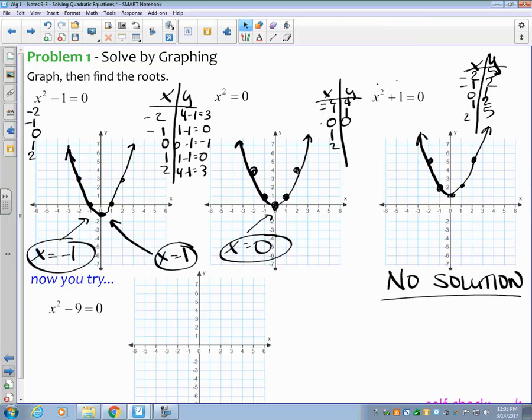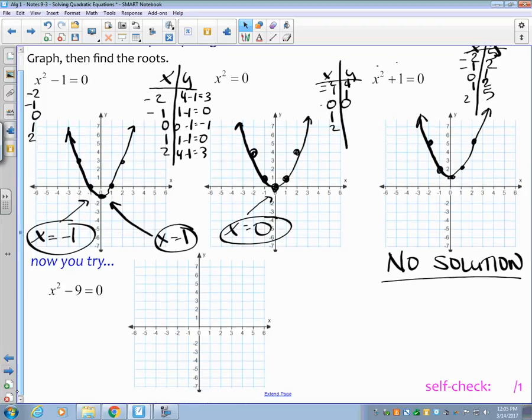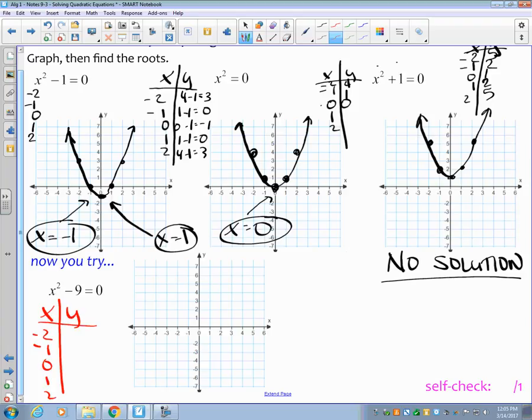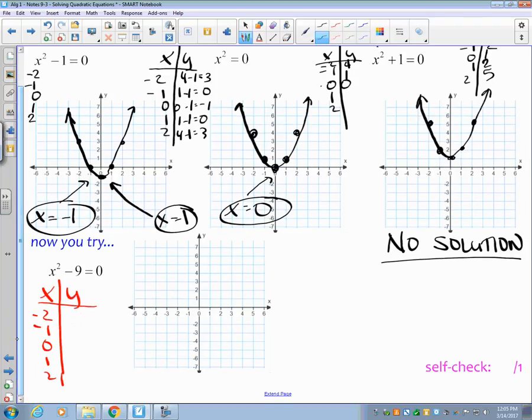Okay, so now you guys get to try x squared minus 9 equals 0. I'll give you the chart. You fill it out and graph. And we'll do one more for this. We'll go -3 to 3.